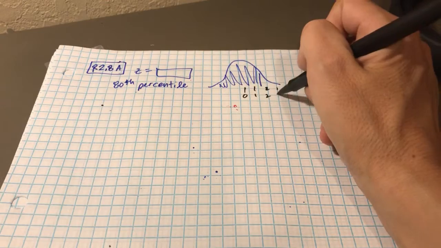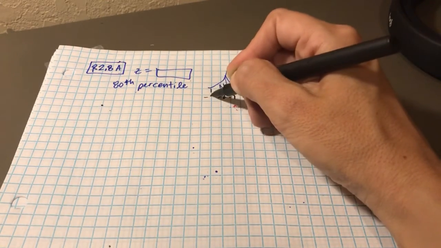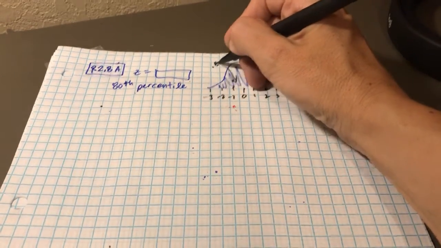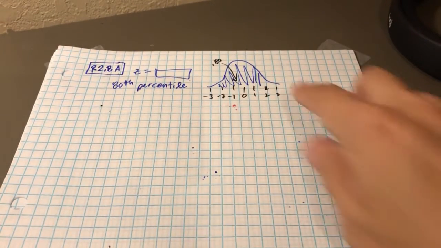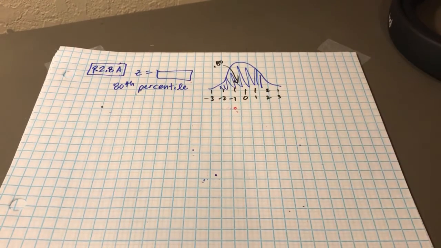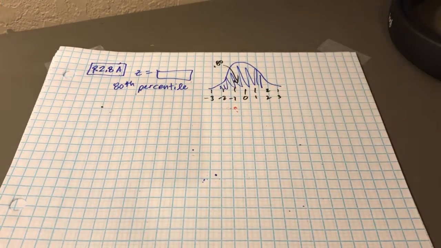That's our z-score. And that the area under our curve to the left is 0.80. So what that kind of means is that you did better than 80% of the other people on the test. It could also mean only 20% did better than you. That's basically what 80th percentile means.